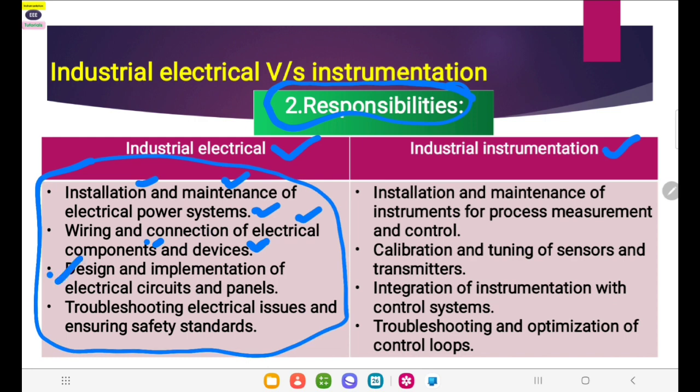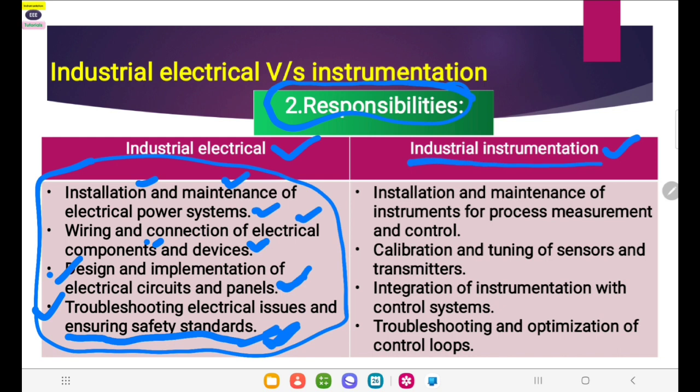Then design and implementation of electrical circuits and panels where all the controlling is provided, and also whenever any issues are in the electrical system, they should be troubleshooted. During troubleshooting the electrical engineer should ensure safety standards because these come under high voltage circuits and high current. So each and every component, if you are touching or working on it, you should ensure safety while executing the job.